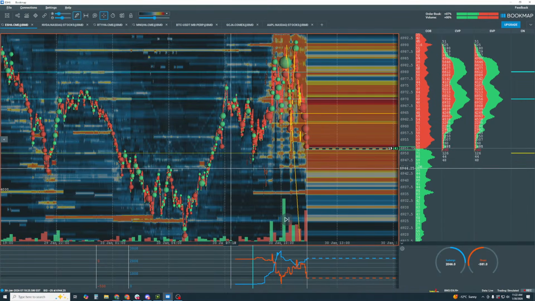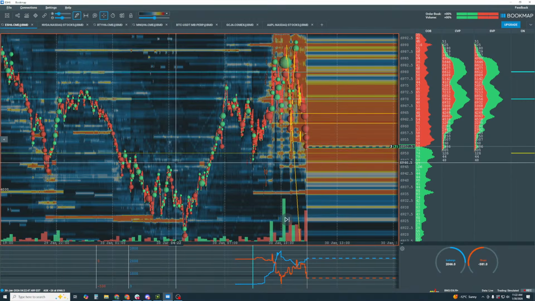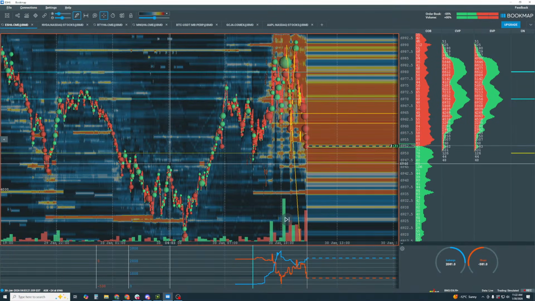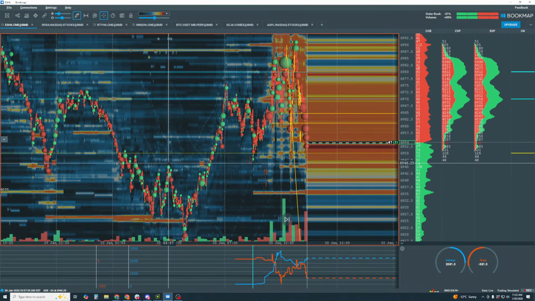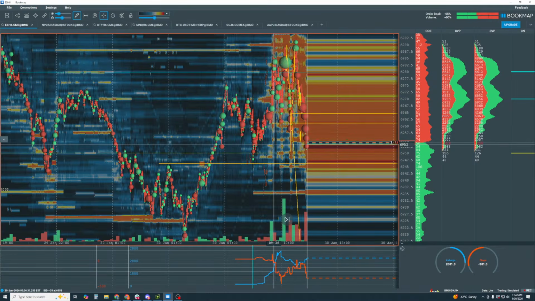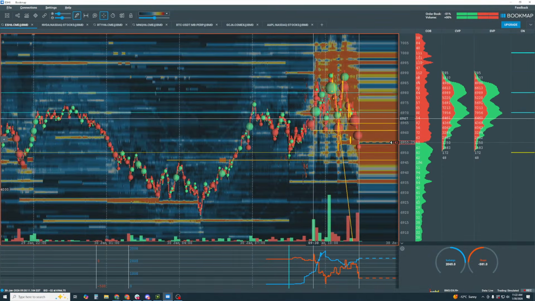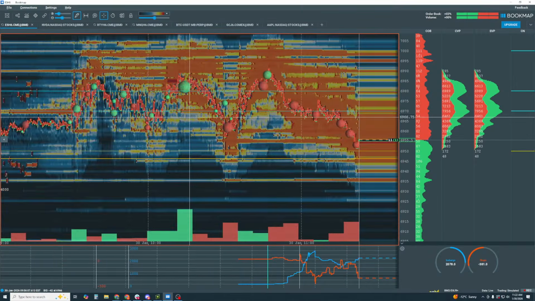What I'm looking for now is not the best, because it's an overnight, and you can see where it broke out from here. So this would be the level I'm looking for, around this 46 level. Now I want to see if I get a reaction down there. Does that make sense?